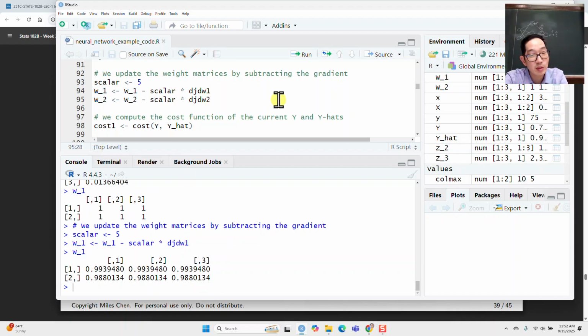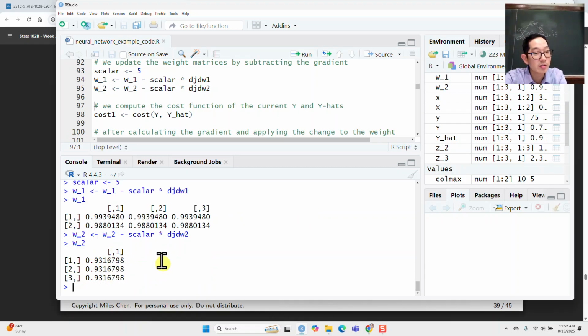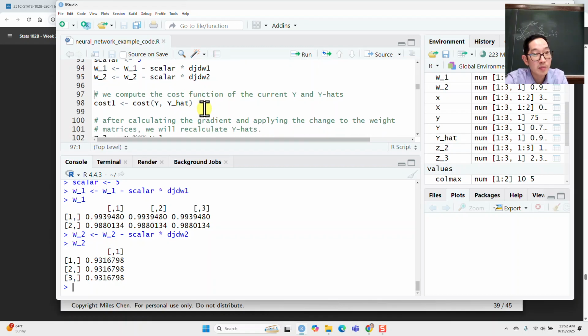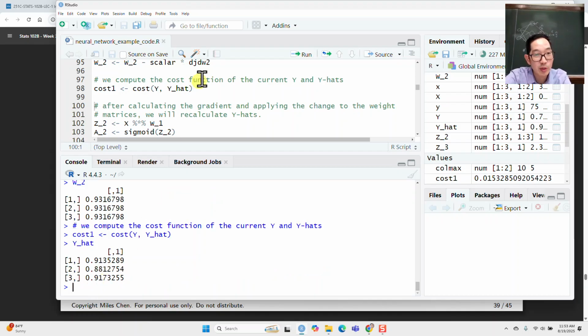I do the same thing with W2. And so my W2s, which used to be all ones as well, are now a slightly different set of values. And we can update again. And so the question is, did our costs improve? Our old y-hat values, when everything was just ones, were our predictions.